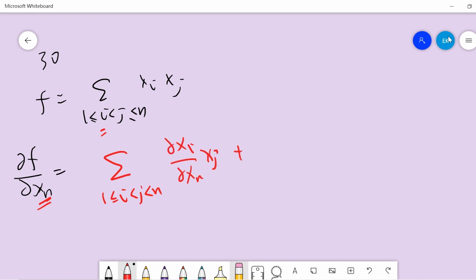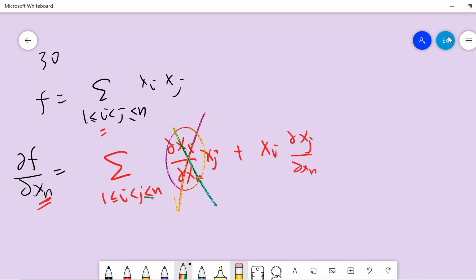Right, so this is the Leibniz rule. And as I said, there's no way that i can equal n, because i is smaller than j, and j is still less or equal to n. So there's no way that this term can be non-zero. So this is 0, right?